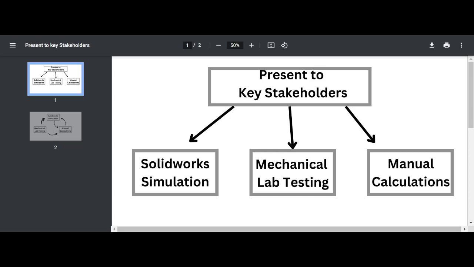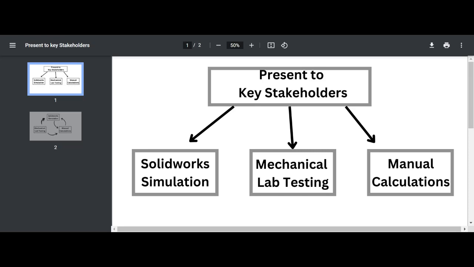So in its entirety, this is what the simplified hierarchy of validation and test engineering should look like in validating your results. There are three main branches that you want to be validating your results with.